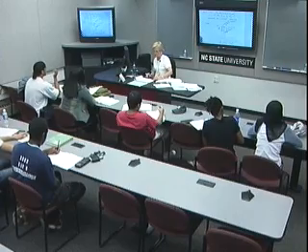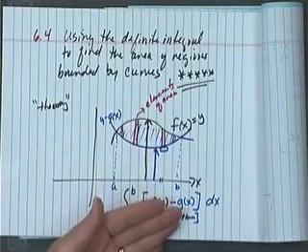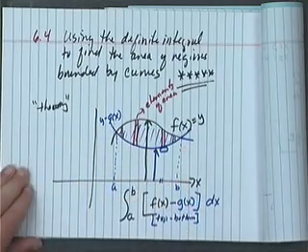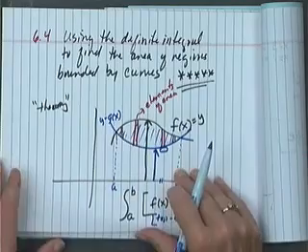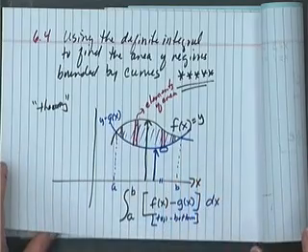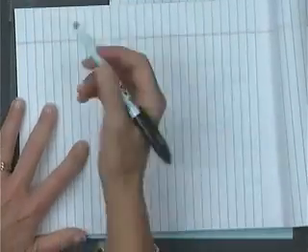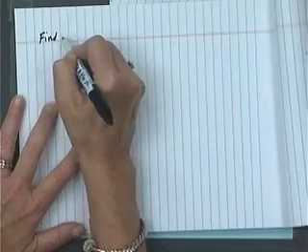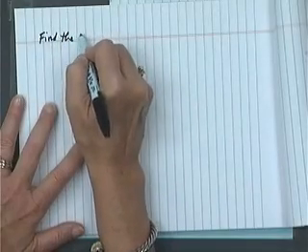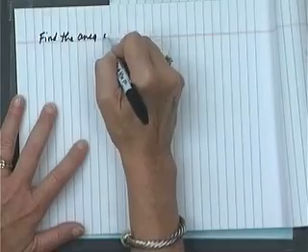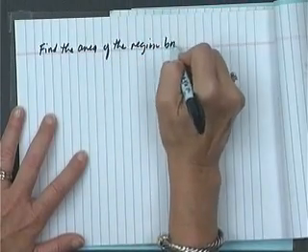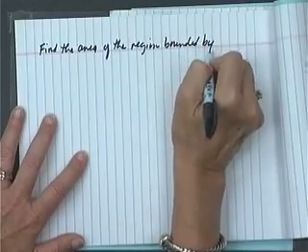All right, so now what's the deal? We have to be able to draw the curves. We need to be able to find the point of intersection and decide top curve and bottom curve. So here's the first example. The instructions on the test usually say something like find the area of the region bounded by.